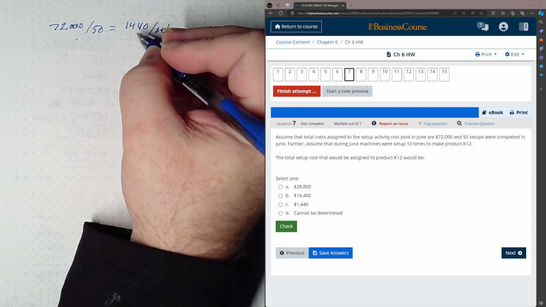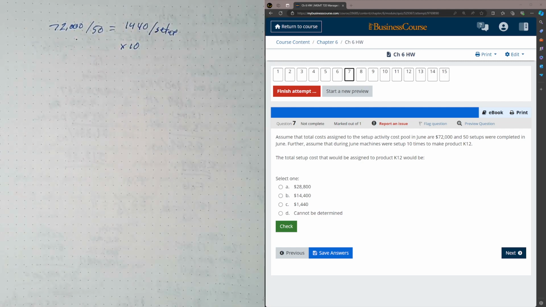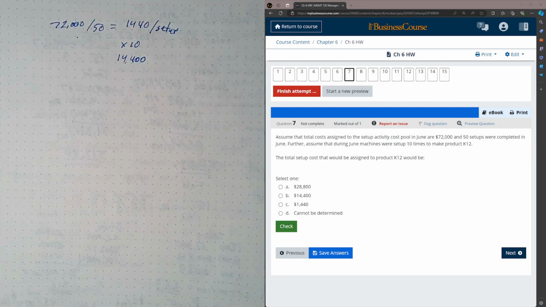Well, if it's 1,440 per setup and there were 10 setups, it's just going to be 14,400. Now, that's a very simple, straightforward question, but it does get at the basics of do you understand the idea of activities and per activity costs.